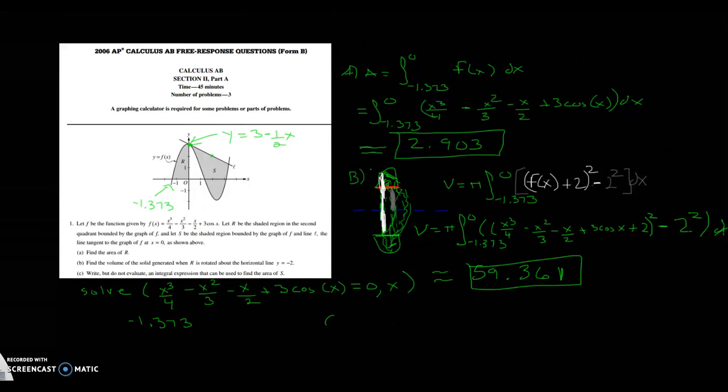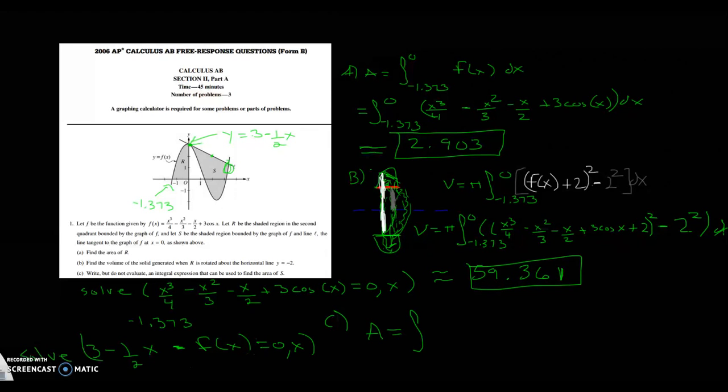Okay, part C says write but do not evaluate an integral expression that can be used to find the area of S. Okay, so it's top minus bottom. Now you'd have to solve where these points intersect. You would have to do 3 minus 1/2 x minus f of x, so you'd have to use your calculator: solve f of x equals 0, comma x.